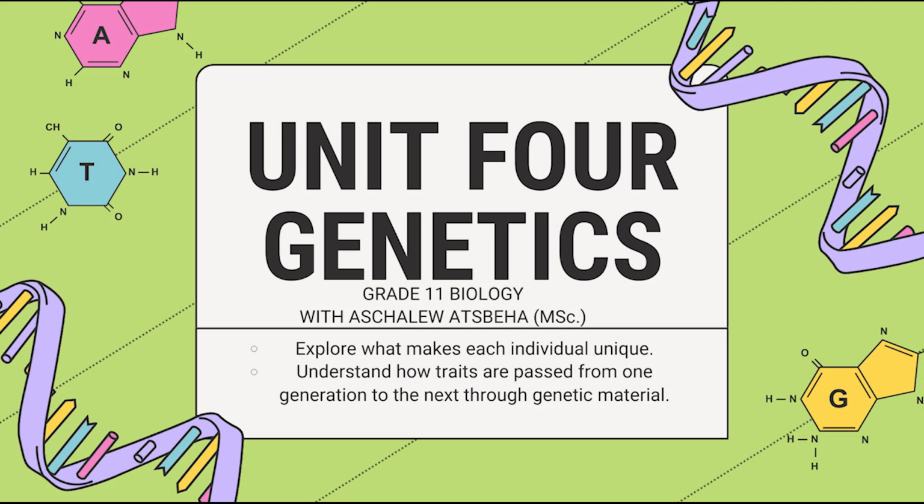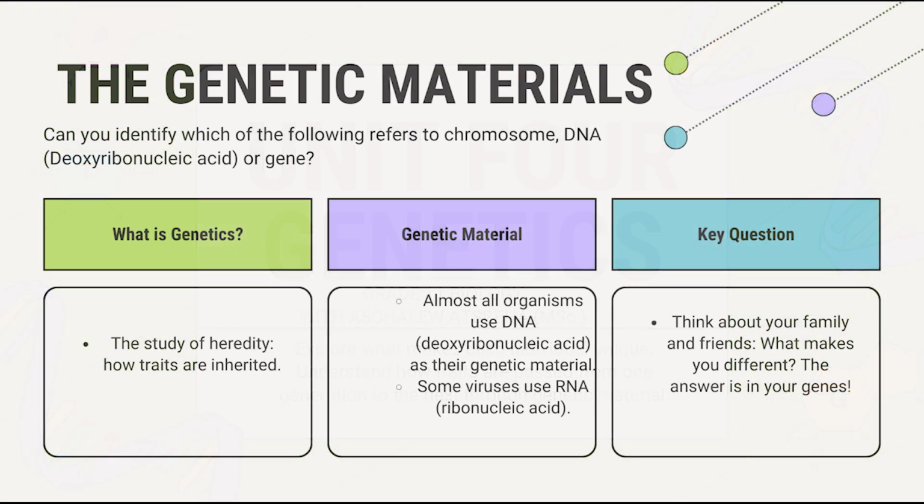Let's get started. Think about your family, your classmates, and everyone around you. Let's notice how we are all different. This difference comes from our genes, the blueprints of life. Genetics is the study of how traits are passed on through generations.